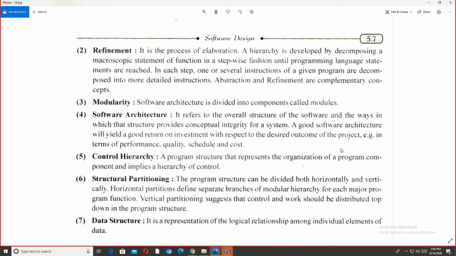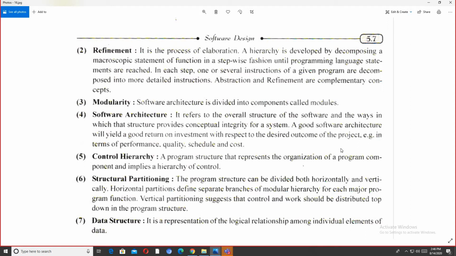That is refinement. It is a process of elaboration. In this process, the design details are made apparent to the viewer. When the design details become apparent, it becomes easier for the coder to start coding and to move further with the software design process. So, what is refinement? It is a process of elaboration.